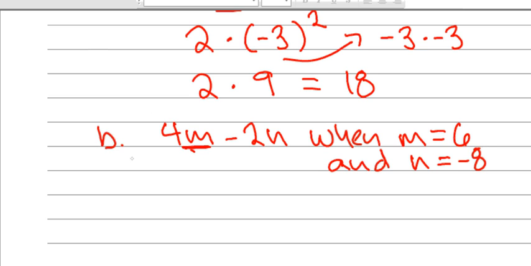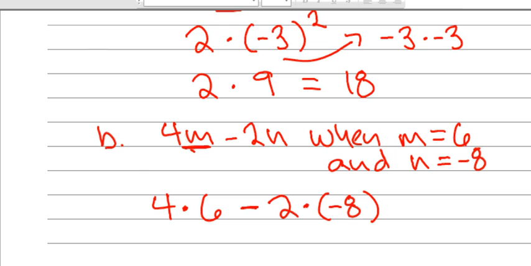So for m, I'm going to plug in 6, and when the number and the letter are together like that, that means there's an implied multiply in between the two. And here I have 2 times n, so I'm going to multiply that by -8. So I've got 4 times 6 minus 2 times -8.